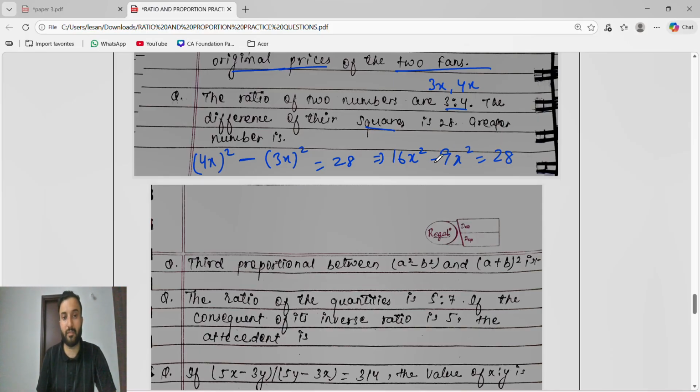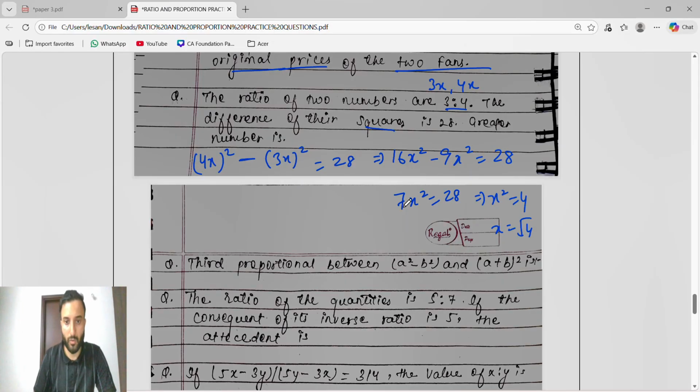So 16 minus 9, 7. Yes, 7x square equals 28. So x square is equal to what? 28 divided by 7. The x square is equal to 4. The x is the square root of 4, which we know is 2. So x is 2.